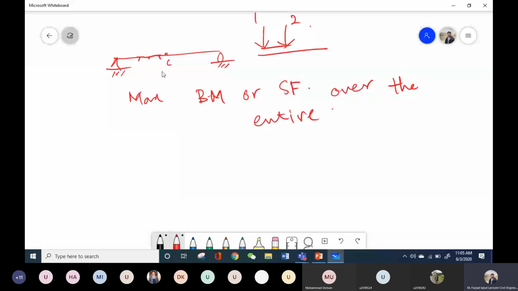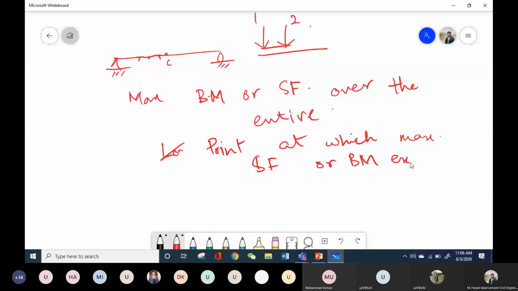So now our problem is that we will be provided with a beam or any type of structure, and we have to figure out the location, or let's say the point, at which maximum shear force or bending moment exists, and also where we should place our moving load to get the maximum value, right?